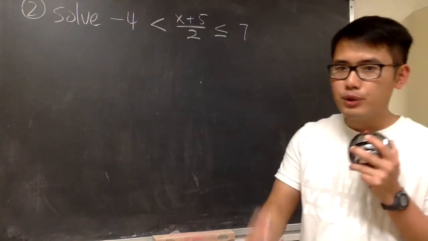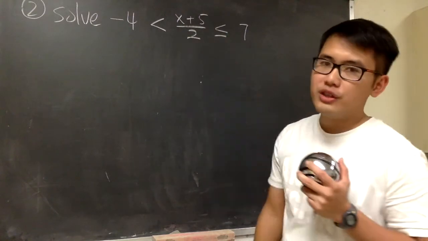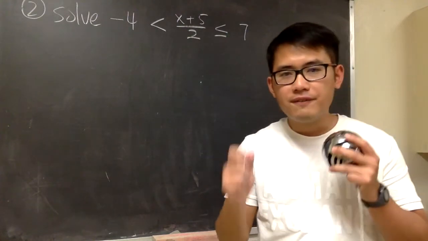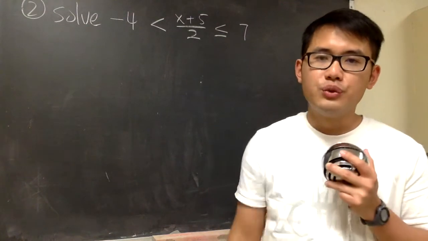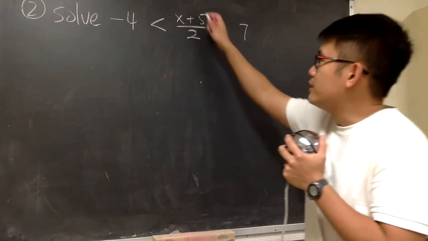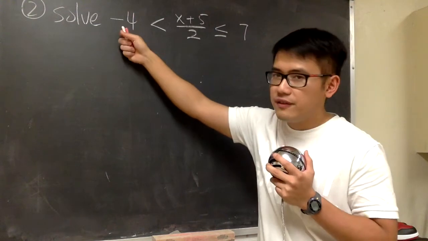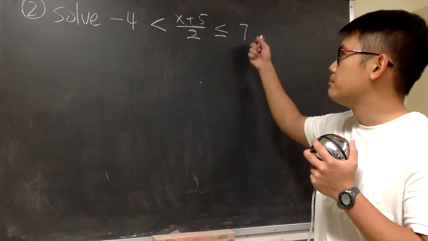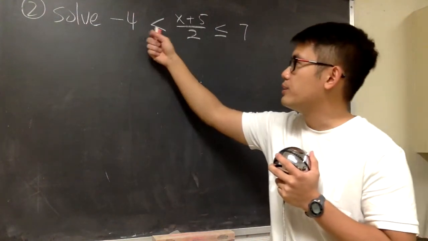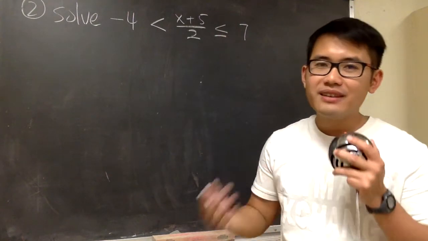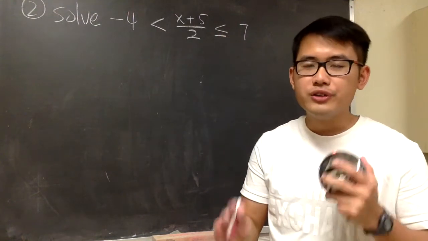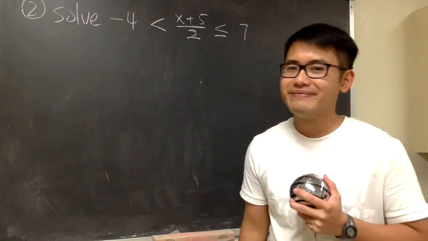We use the word in between whenever we have this kind of situation. And you see, this is the first kind of compound inequality, the AND situation, because this is in between -4 and +7, not including -4, but including +7. We also have another situation, the OR situation, but we'll work that out later.